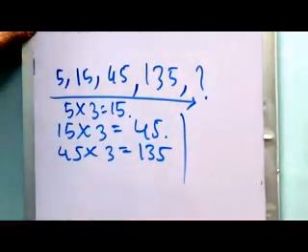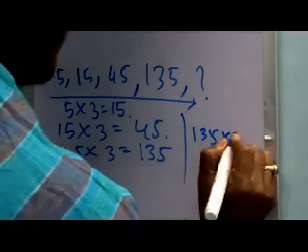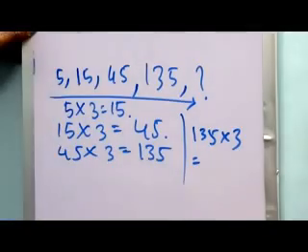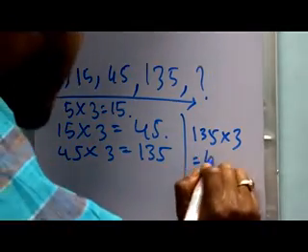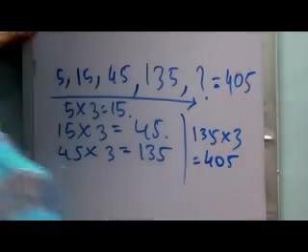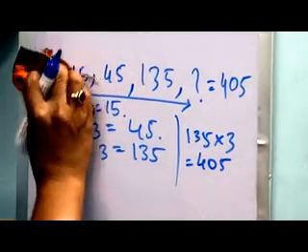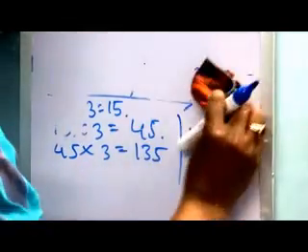Now very easy, as I have already told, that is 135 into 3. What will be the answer? It will be 405. So the question mark will be replaced by 405 to complete the whole series. Hope you understand the logic.